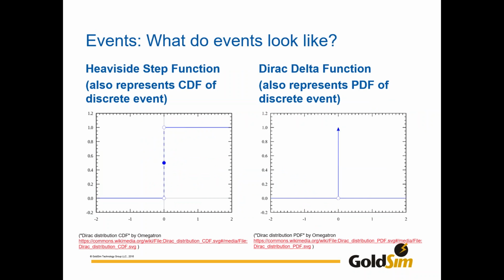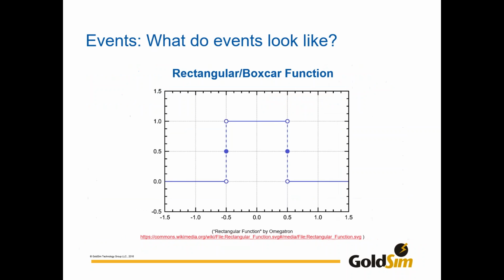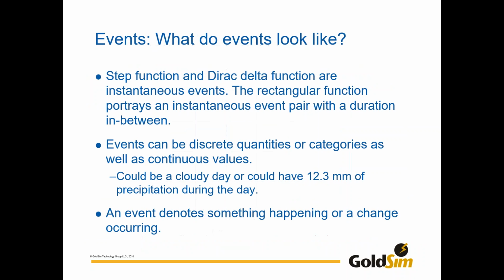But what do events look like? We have a series of plots here showing examples of an actual event. We have the step function, an impulse or delta function, and also a rectangular or boxcar function. So we step through what events could possibly look like.